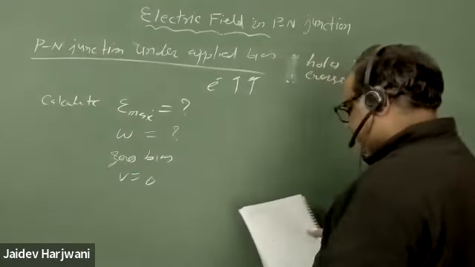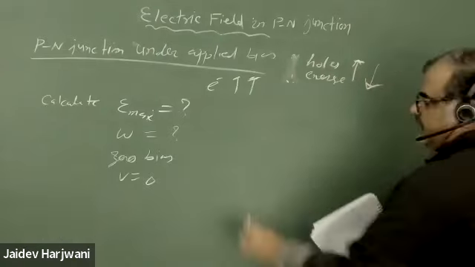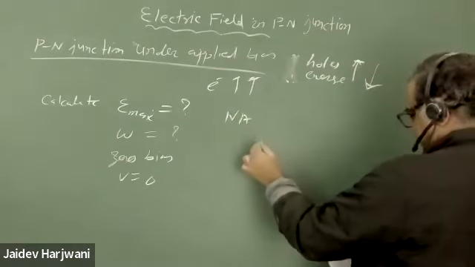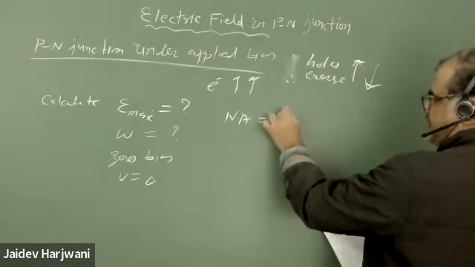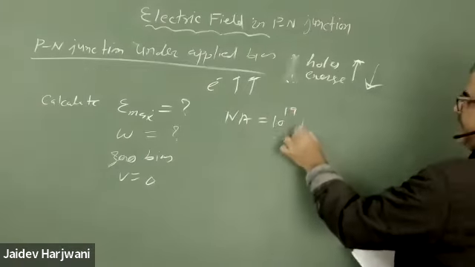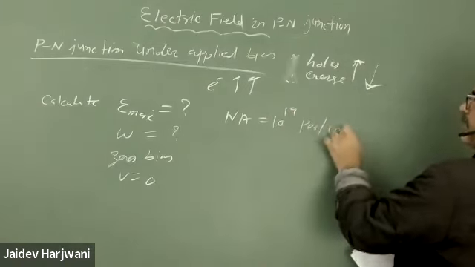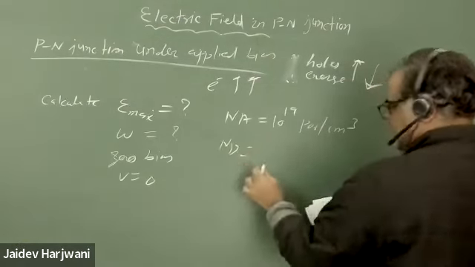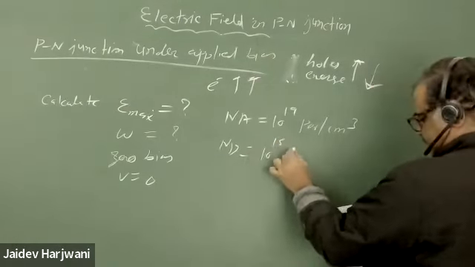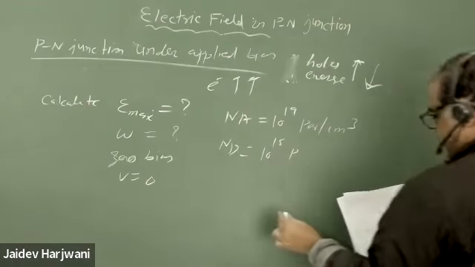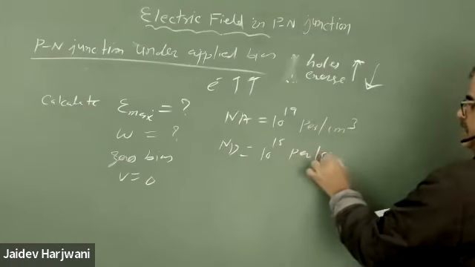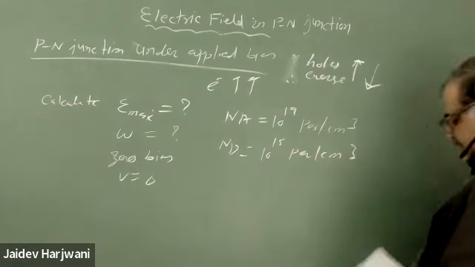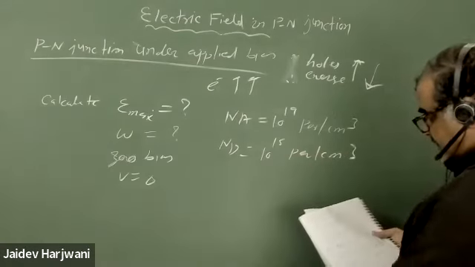For that, you have been given Na equals 10 to the power 19 per centimeter cube, and Nd is given 10 to the power 15 per centimeter cube. Okay, what do you want more?